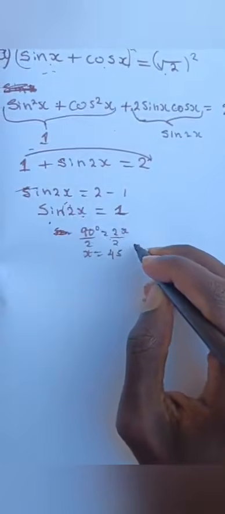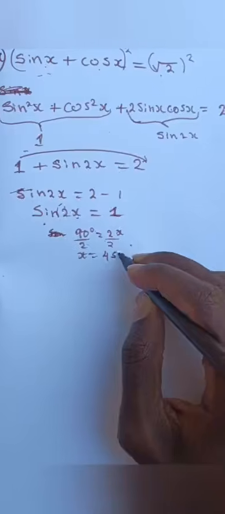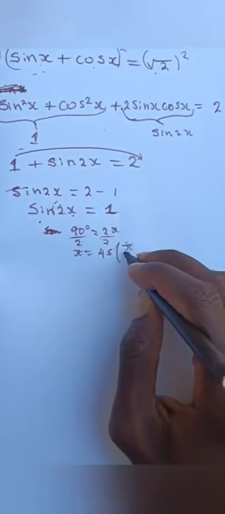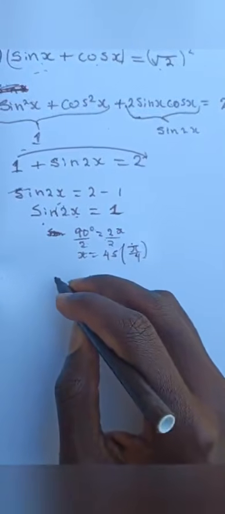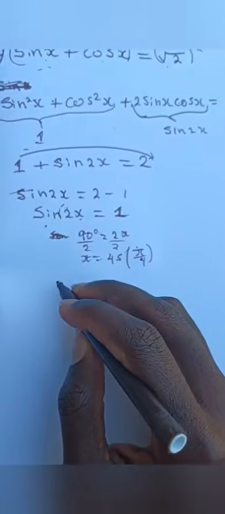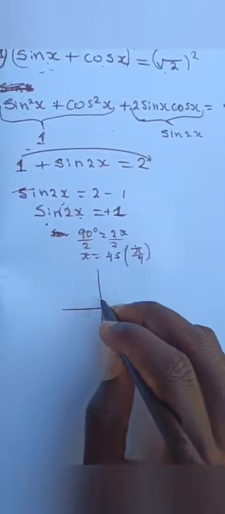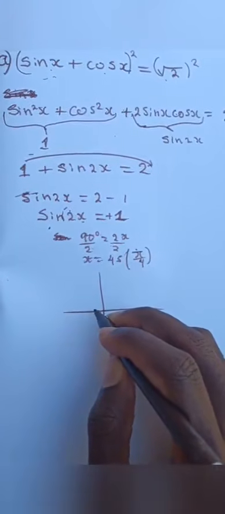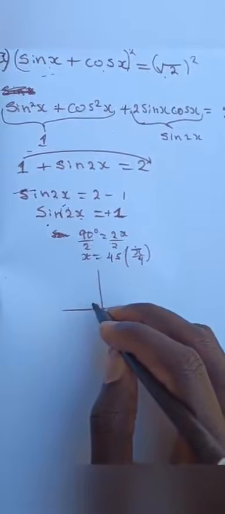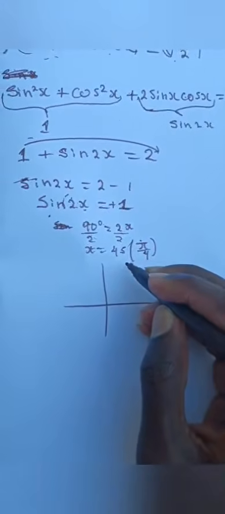Now, 45 in radians, we write it as pi over 4, because you need to present your answers in radians. Okay. Now, since this is positive, which quadrant are we interested in? The open angle is 45. Since this is positive, we need those quadrants where sine is positive.